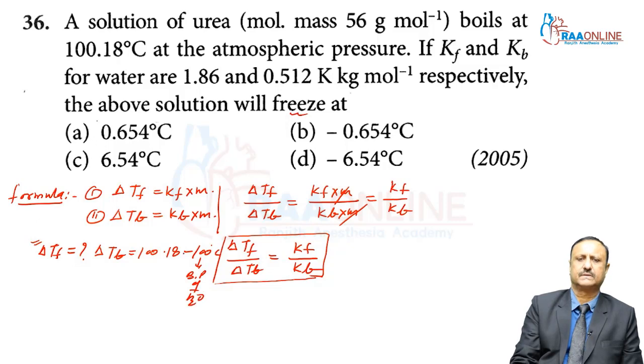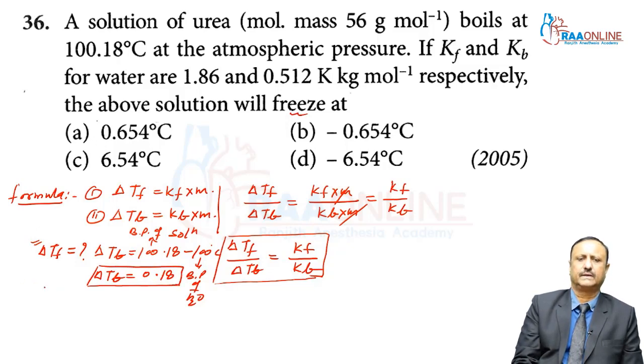So my dear students, when you subtract the boiling point of water from the boiling point of the solution, you get delta Tb equal to 0.18 degrees Celsius.